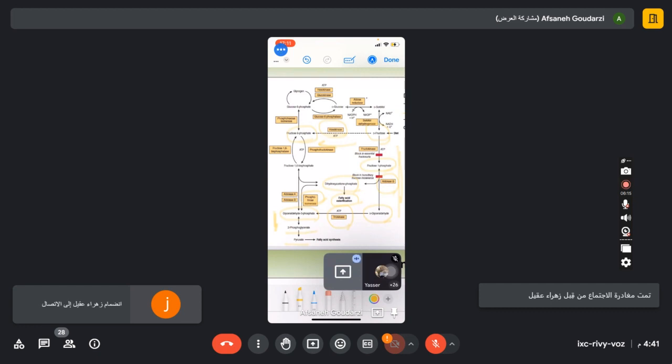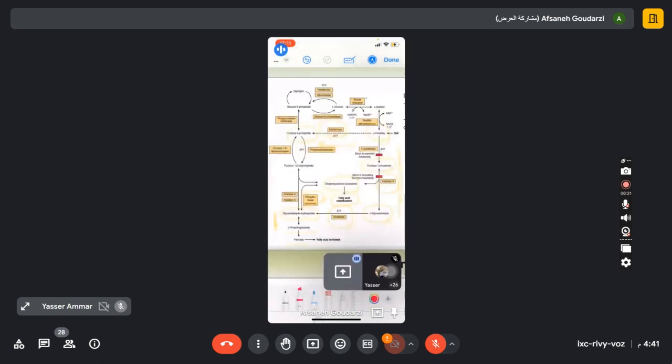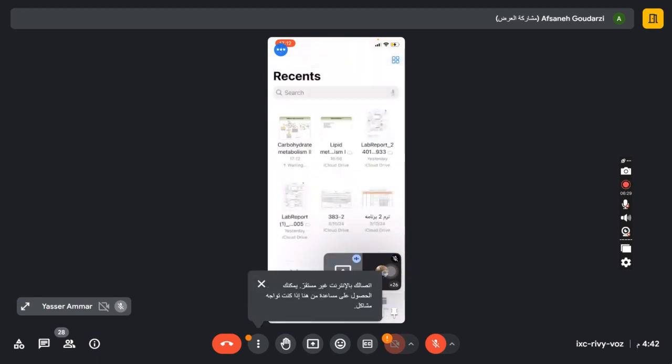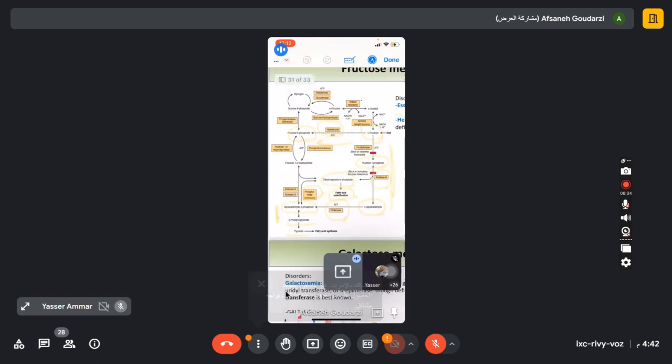Okay, let me see if I can use another color to show it better. Okay, so how about the hexokinase? By the hexokinase, we change fructose to fructose 6-phosphate.